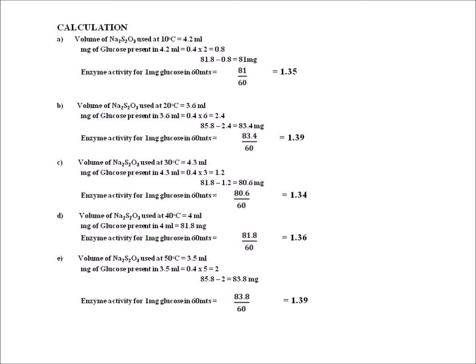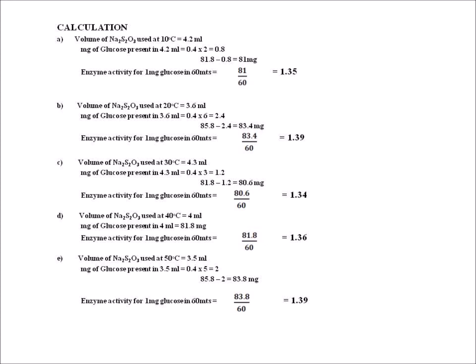This is the calculation for the enzyme activity for 1 milligram of glucose in 60 minutes. First, volume of sodium thiosulfate used at 10 degrees Celsius is 4.2 ml. Milligram of glucose present in 4.2 ml is equal to 0.4 into 2, that is 0.8.